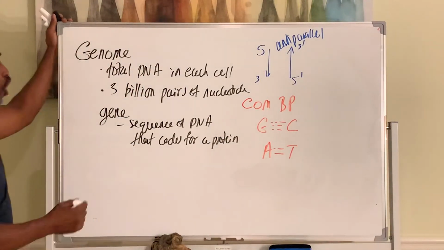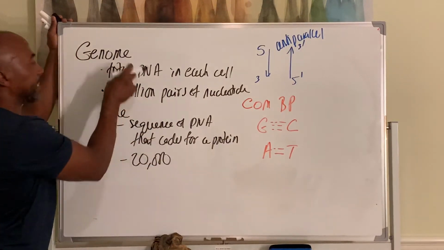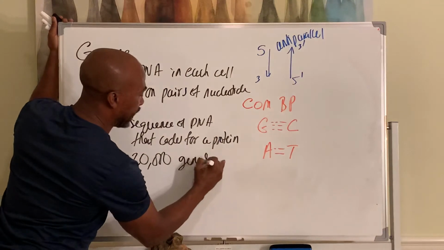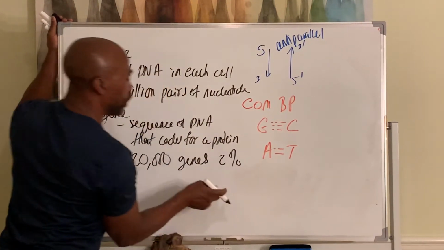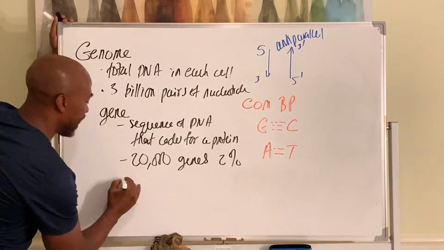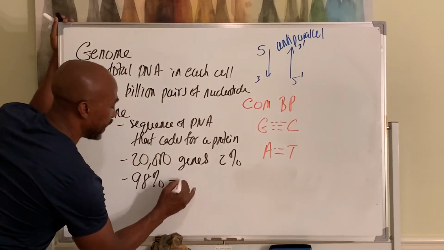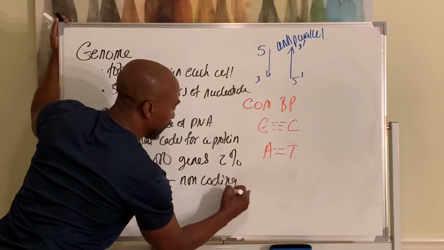And there are about 20,000 genes in the entire human genome. And this only accounts for 2% of the genome. The rest of it, the remaining 98% of the genome, is non-coding. Does not code for a protein.